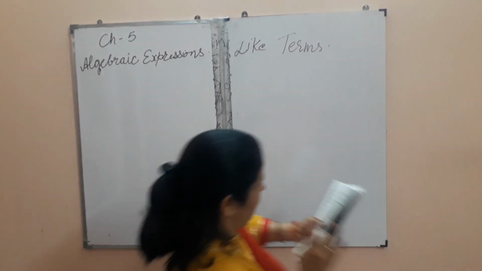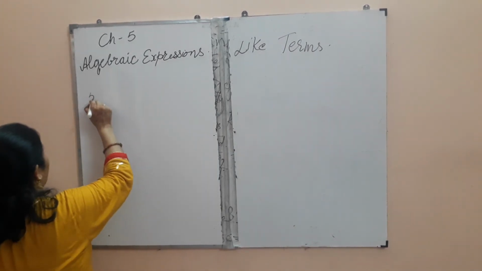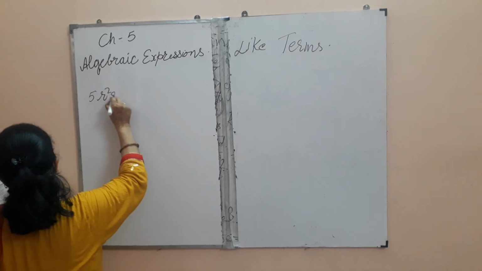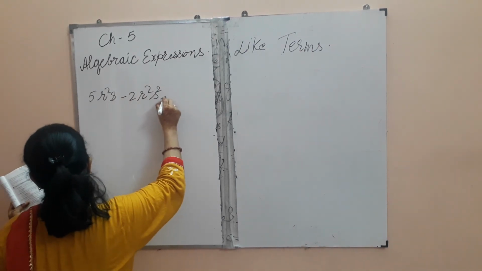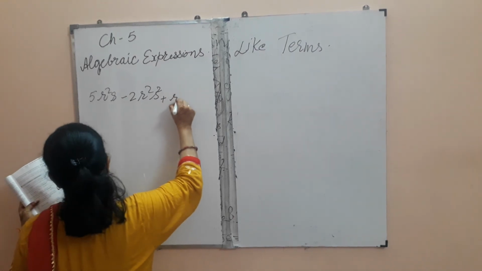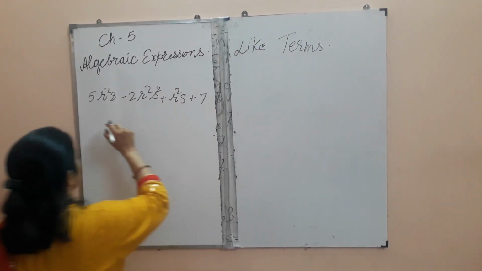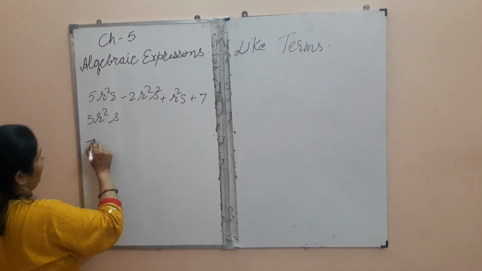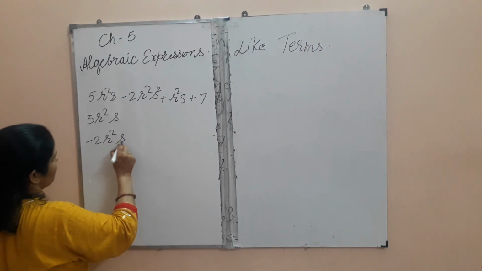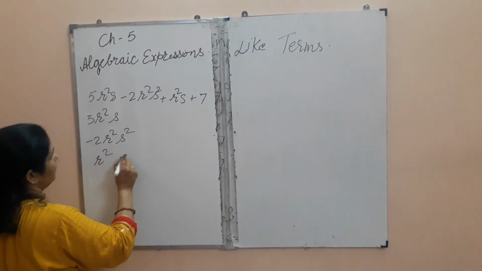We will take one example. This is 5 r square s minus 2 r square s square plus r square s plus 7. So the terms are 5 r square s, minus 2 r square s square, r square s and 7.